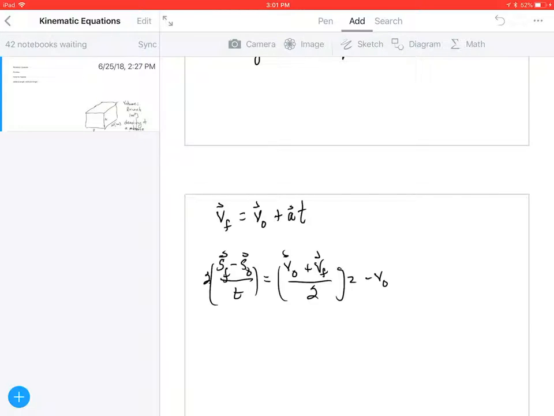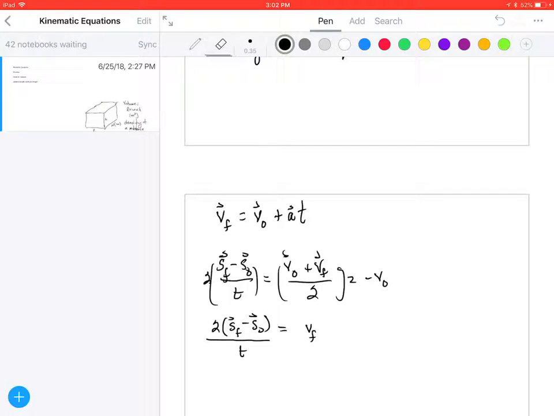All right? So I'm just going to end up with V final here. I'll end up with 2 times S final minus S initial divided by time, minus our initial velocity equals our final velocity.